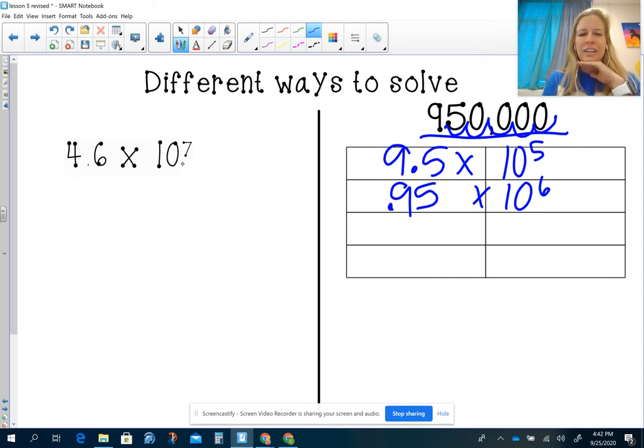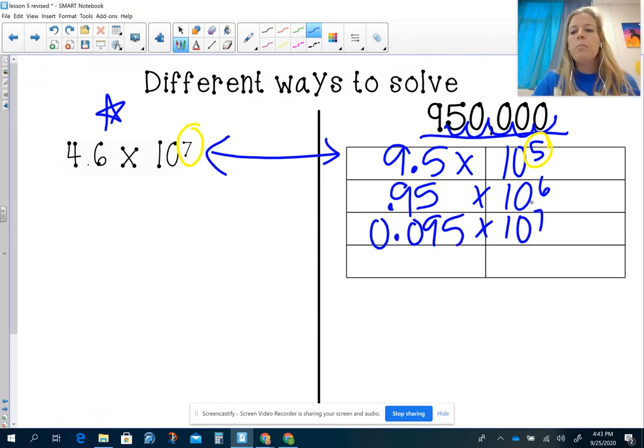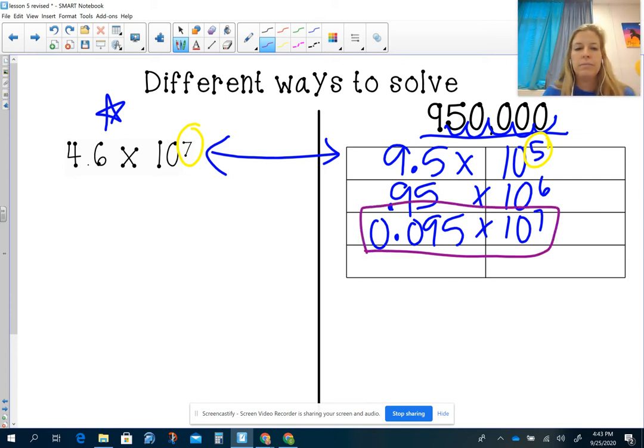Did you say this guy over here? Yeah. Why is this one bigger? Just by comparing these two right here, why is this one bigger? Because my exponent is bigger. Absolutely. So this is right. The more I move my decimal, these are changing, okay? And this becomes, because this is a smaller number. Okay, so now I do have my exponents equal.